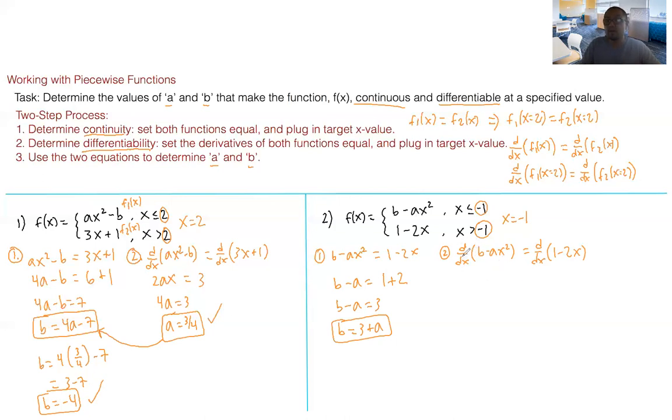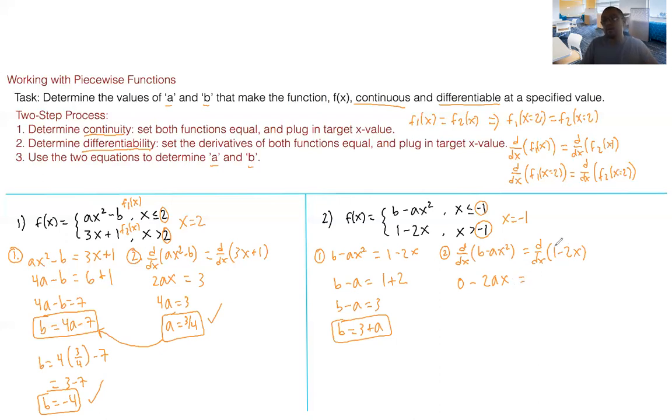So in this case, the derivative of b is the derivative of a constant, and that's 0, right? So you have 0 minus the derivative of ax squared. Remember, a is a constant, so you can treat it like a coefficient or a number. So 2 times a is 2a, right? You can leave your x here, subtract 1 from your exponent. This becomes a 1, so I'm just going to leave it like so, okay?